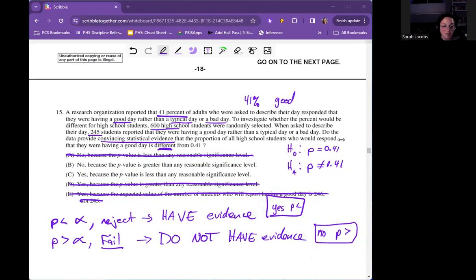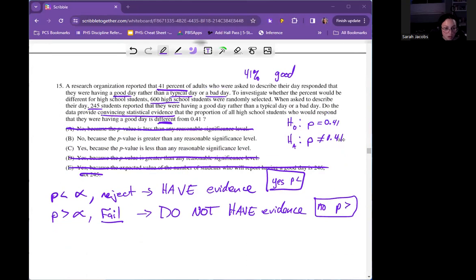Okay, so now we have to actually calculate this to know whether the p-value is greater than any reasonable level or less than any reasonable level. So to do this, this is going to be a 1 prop Z test. In the 1 prop Z test, the null proportion, the p naught, is going to be 0.41.